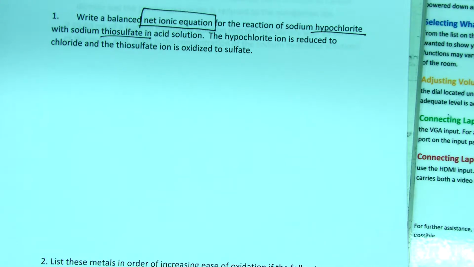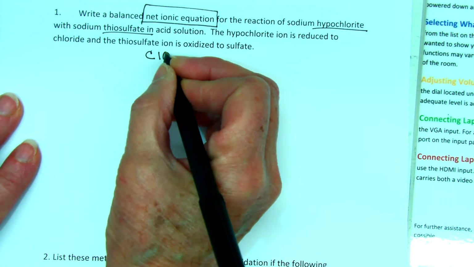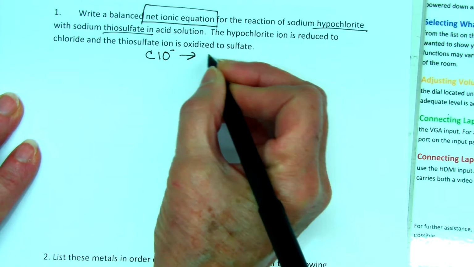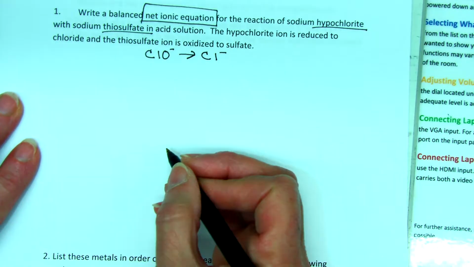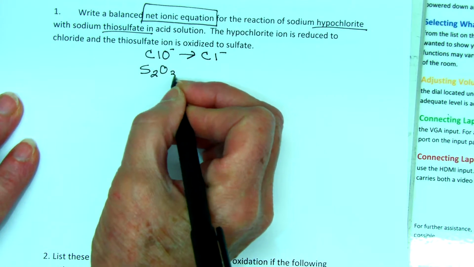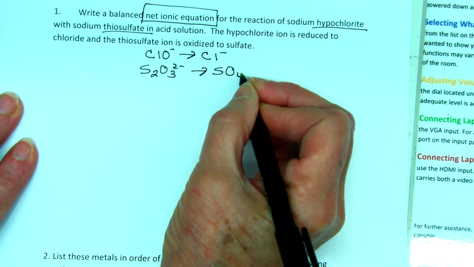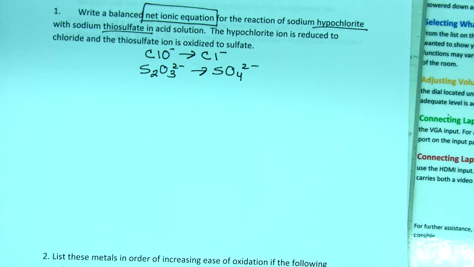But as we read further, it tells us the hypochlorite ion is reduced to chloride. So it's giving us a half reaction. Hypochlorite yields chloride. And thiosulfate is oxidized to sulfate. So it just gave us two half reactions. Now, have we taken half reactions, balanced them, put them back together, and got a net ionic equation?